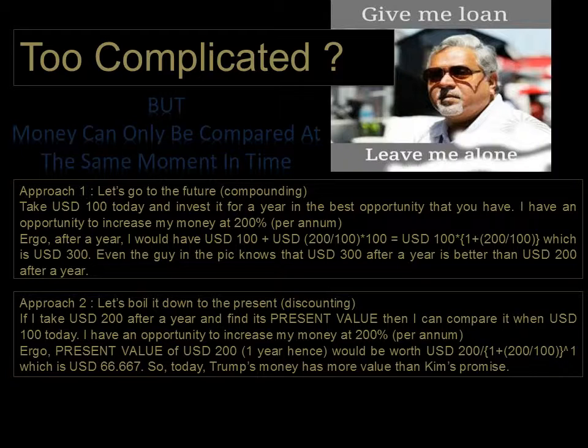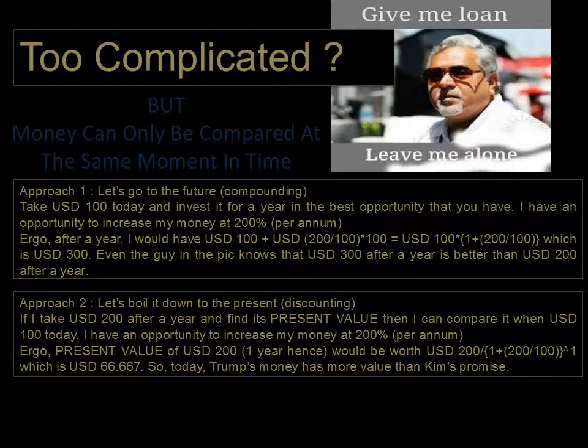An important assumption that we made over here is that we can invest our money at 200%. My friends are Jews, yours may be good Jews. They may probably be able to grow your money at a far lesser return. For example, if you have an opportunity to grow your money only at 100%, $100 invested today at 100% after 1 year yields 200, which is the same as Kim's offer.